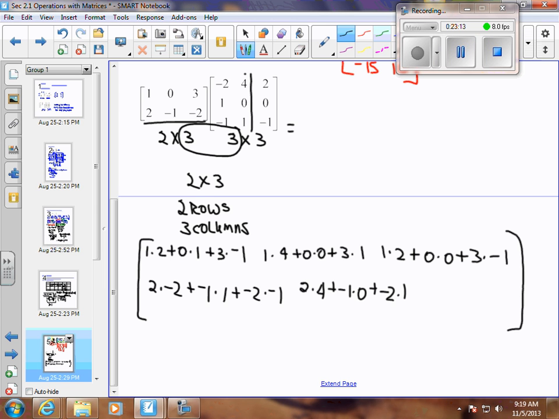And then the second row times the third column. First element, second, second, third, third.